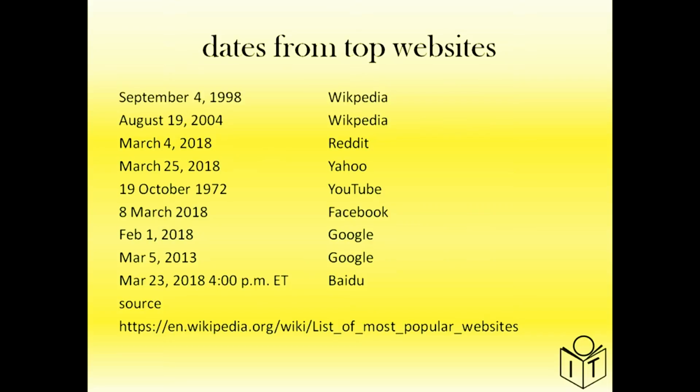I've looked for the top 10, and here's some websites: Wikipedia, Google, Facebook, YouTube, Yahoo, and dates from those sources. You can see mainly we've got the month written in its long form, and we've got the day either after the month or before the month. And the last few lines we've got a shortened version of the month. So instead of February we've got Feb, and instead of March we've got Mar.